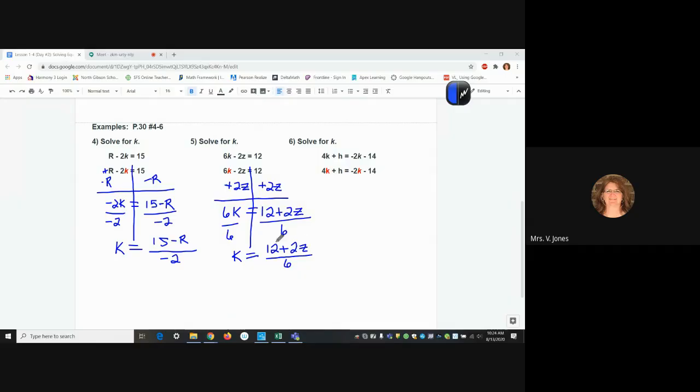Okay, you have to remember that if you're going to try to simplify something, you can't just divide the 2z or the 12. Let me reword that. You could not just come up here and say, hey, I'm going to divide the 12 by 6. You can't do that. You have to divide the whole numerator and the whole denominator by the same number.